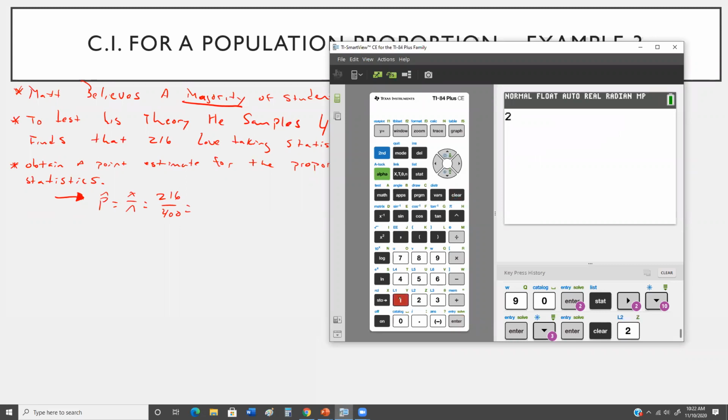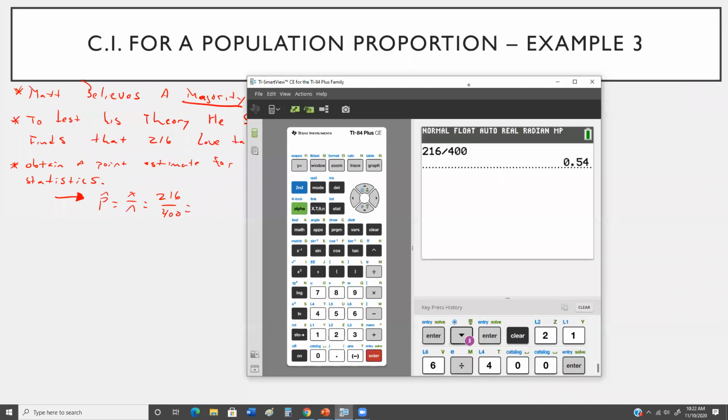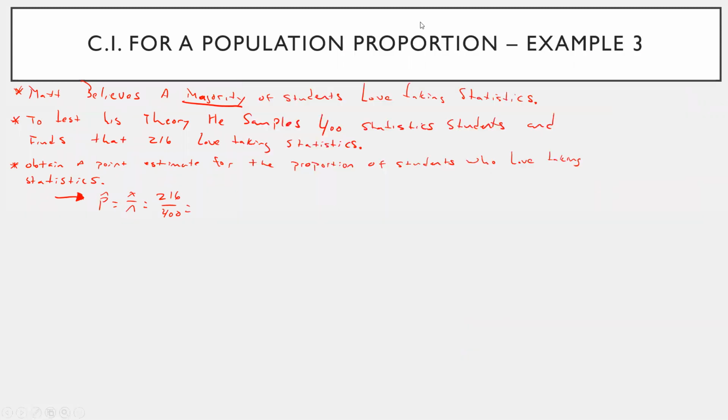So we're going to take 216 divided by 400. And what did I get here? 54. Okay, so this is what I'm saying. I estimate that 54% of students love taking statistics.